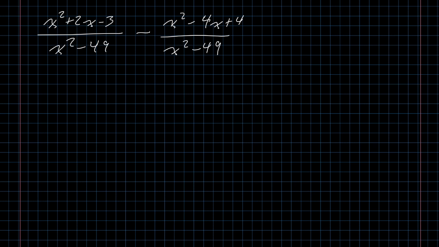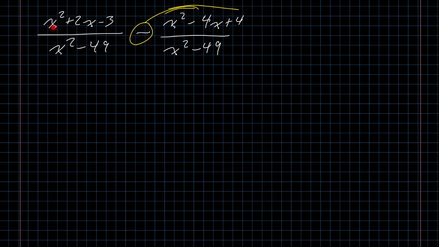In this subtraction of rationals, I've already given us common denominators. We don't have to go through and try to figure out how that's going to work. We can just subtract across. Although we do have to be very careful as we do so, because this subtraction gets distributed across all three terms.